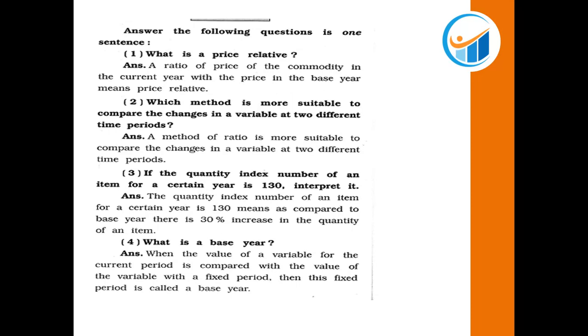A method of ratio is always more suitable to compare the changes in a variable at two different time periods, and generally these two different time periods are nothing but the current year and the base year. So method of ratio is more suitable.